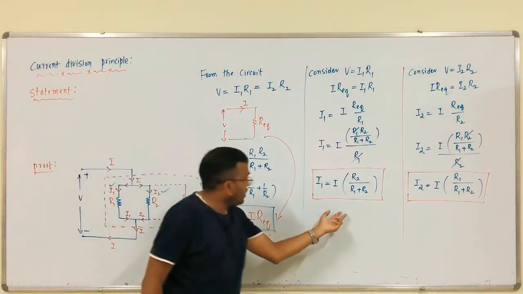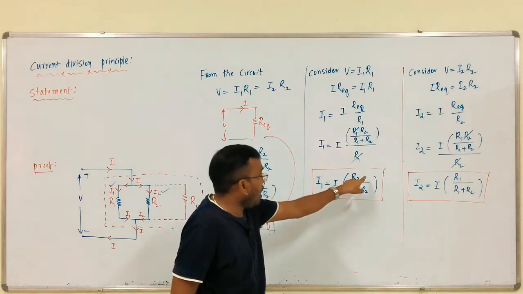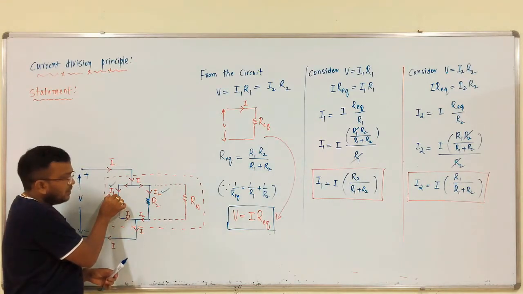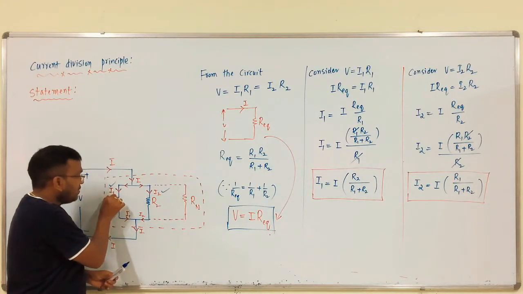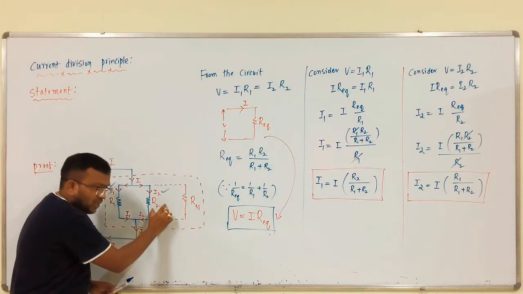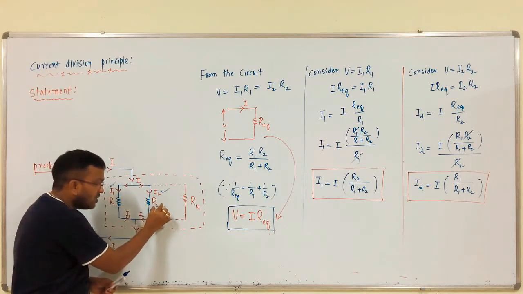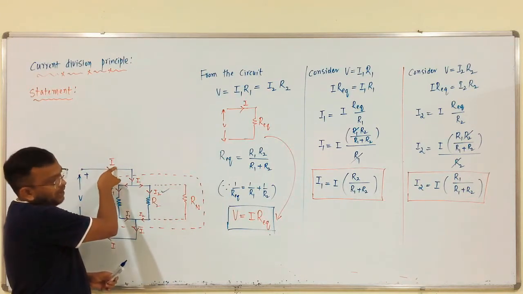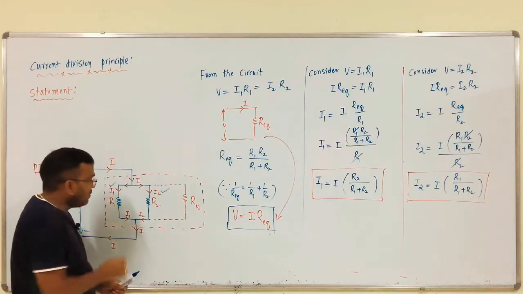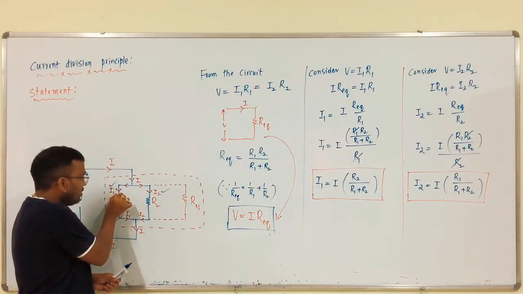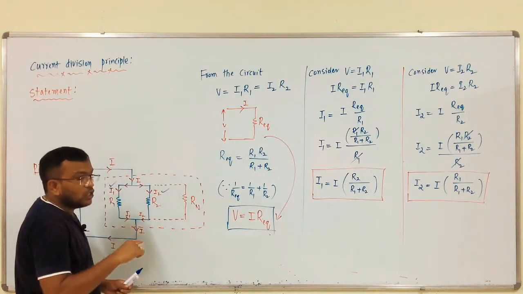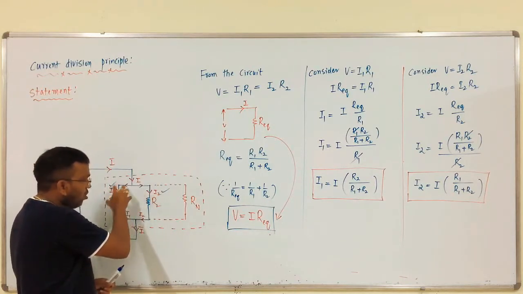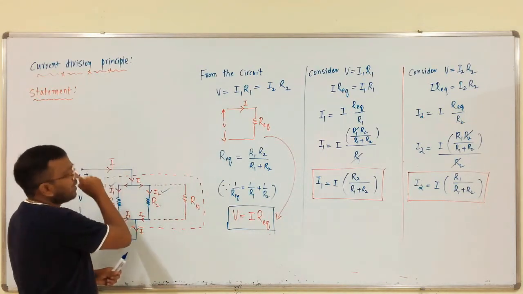So from this, I1 equals I into R2 by R1 plus R2. How can we get this I1? We have to consider the opposite branch resistance, the ratio of opposite branch resistance to total resistance, multiplied by total current. So to calculate a particular branch current, we consider the ratio of opposite branch resistance to total resistance, and the whole combination is multiplied by the total current in the circuit.